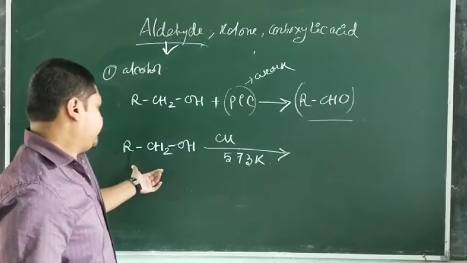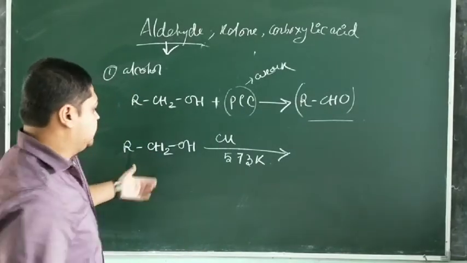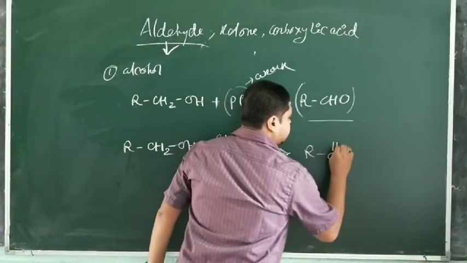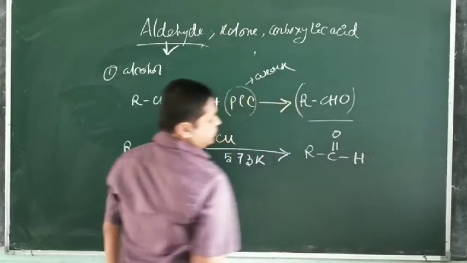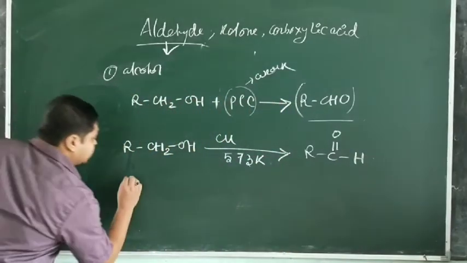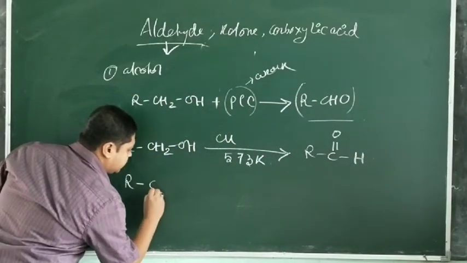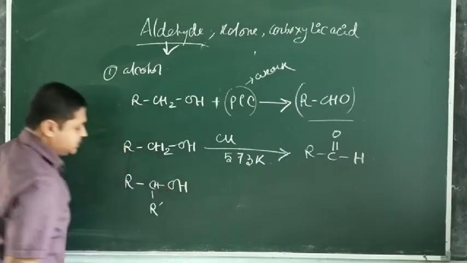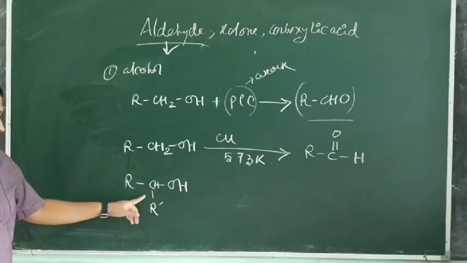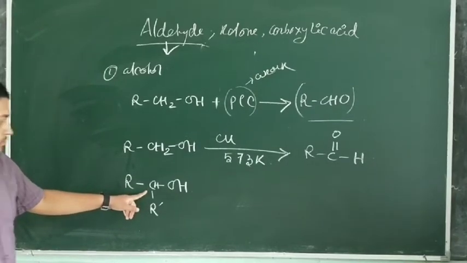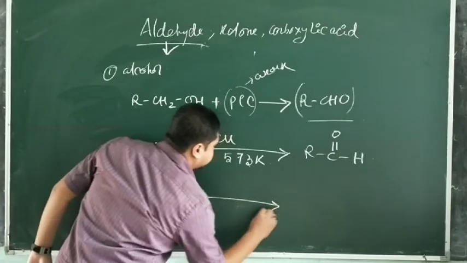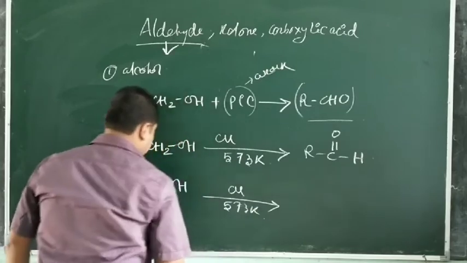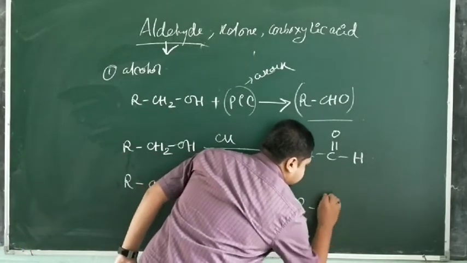When a primary alcohol is treated with copper at this temperature, then aldehyde is the product. Similarly, for a secondary alcohol, where there are two R groups attached to the alpha carbon atom, when treated with copper at 573 Kelvin, the product is ketone.